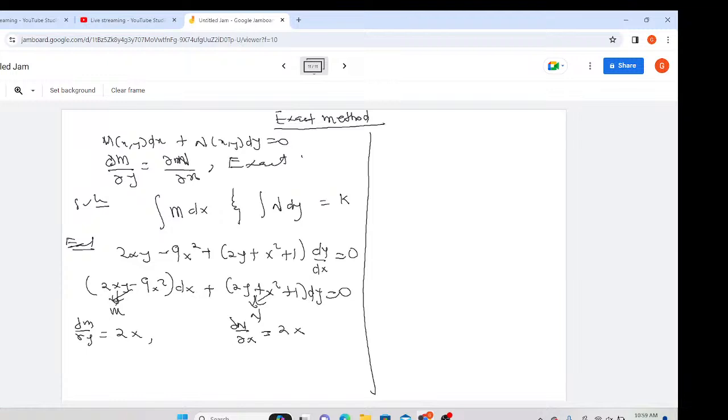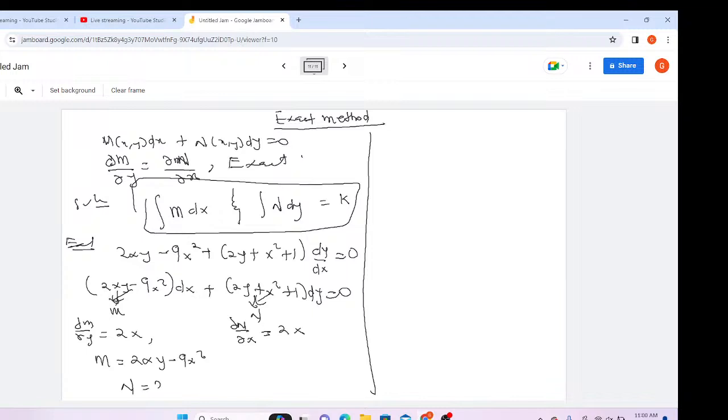Then I can use the exact approach. My M is actually 2xy minus 9x squared, and my N is 2y plus x squared plus 1. So for the solution, I'm going to integrate my M with respect to x and combine it with the integral of N with respect to y, and that will give me k.